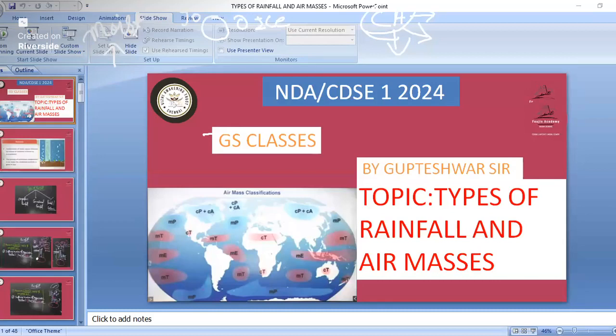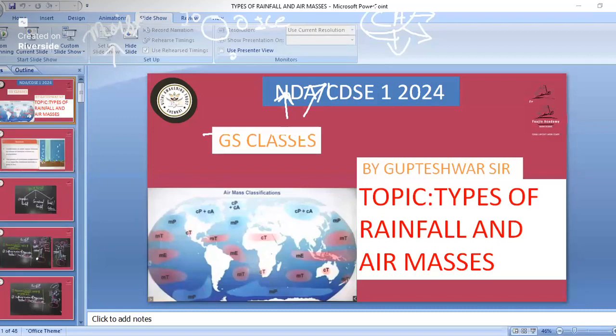Then you get the maritime tropical air mass. By understanding the denotation of all those names, you can easily guess the degrees at which place it is located, and you can also guess the moisture content, whether it is warm or cool.